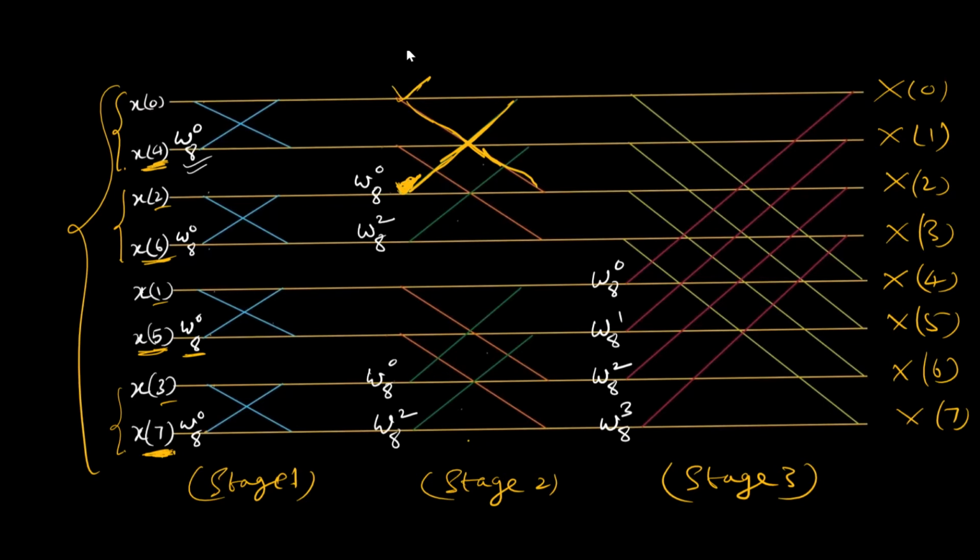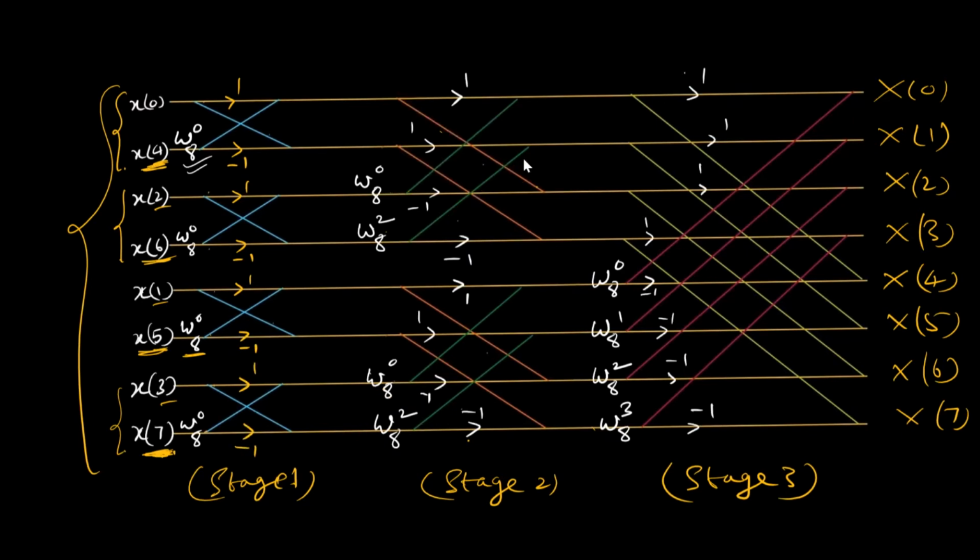Likewise for butterfly 2 in this segment, your Twiddle factor will multiply with this side. Following the same rule, you have to place all the Twiddle factors like that on the lower samples. And obviously your upper sample will get multiplied with 1 and the lower sample with minus 1, so you have to write 1 and minus 1 this way.